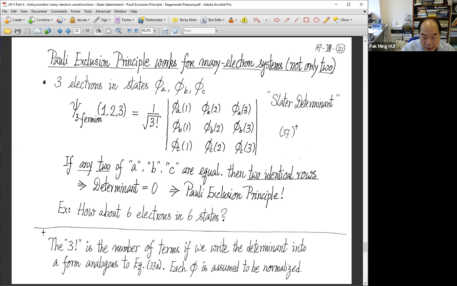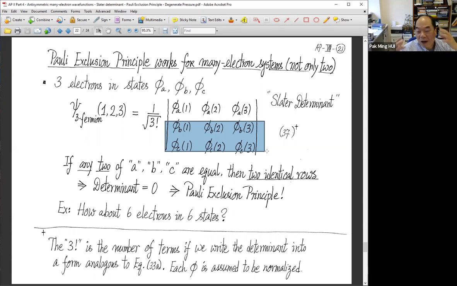If any state, A equals B, or A equals C, or B equals C, any 2 of the 3 states happen to be identical, you have 2 identical columns or rows. By determinant mathematics, it is identically 0 for all the coordinate values of 1, 2, 3.